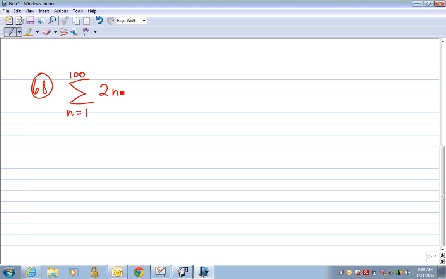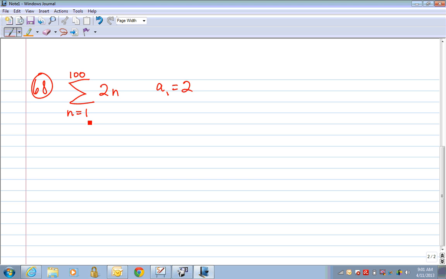So this one really just wants the sum of the first 100 terms for the rule 2n, starting with a 1. So just plugging into the same thing we already knew, because for the first term, 2 times 1 is 2, so the first term is 2.